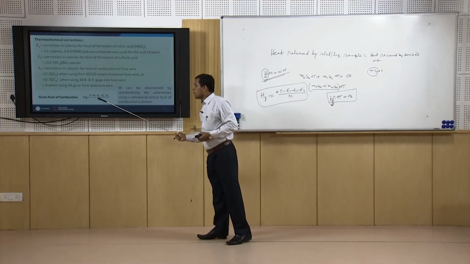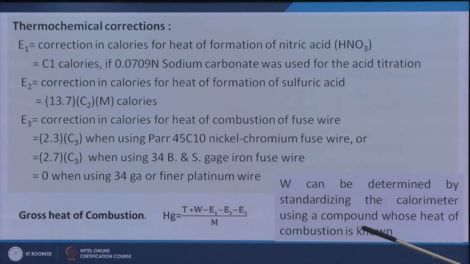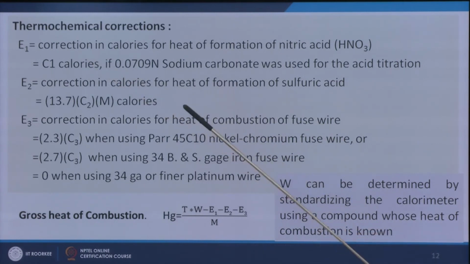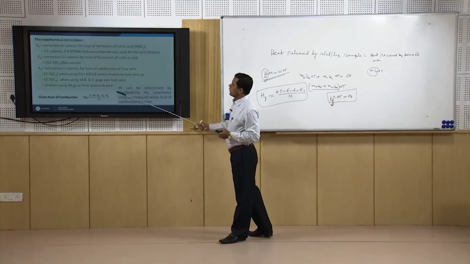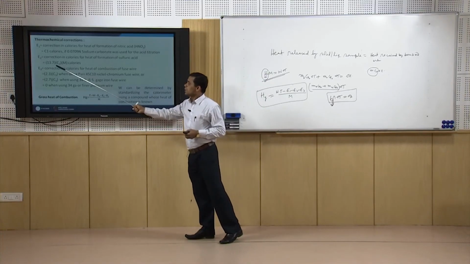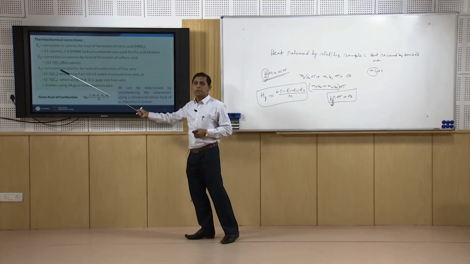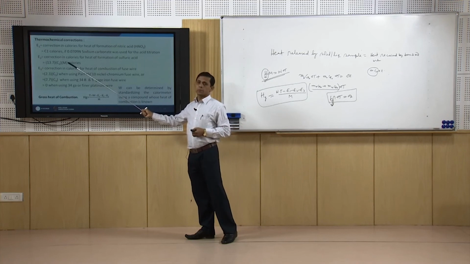Now we have to determine the E1, E2 and E3 values, and they can be determined from the values of C1, C2 and C3. C1 is the amount in ml of standard alkali solution required for the neutralization of the bomb wash, and E2 can be determined from 13.7 into C2 into M, where C2 is the percentage of sulfur and M is the mass of the sample taken into the bomb.